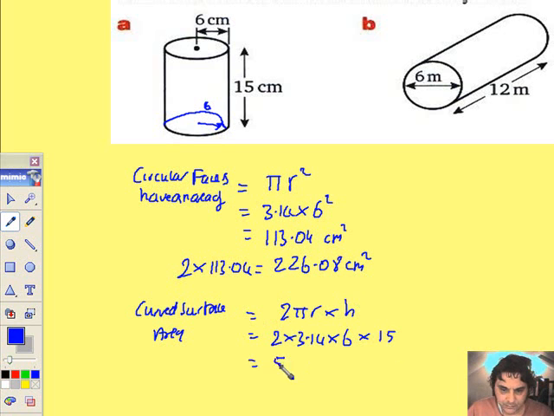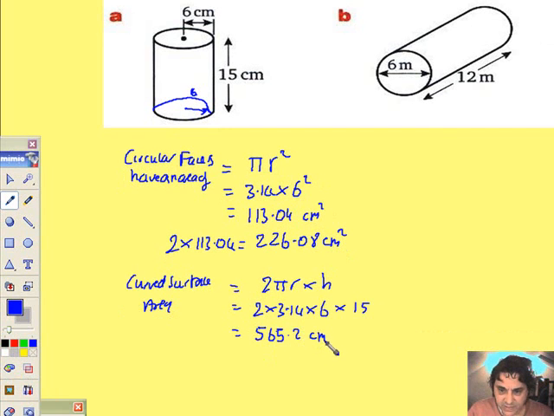That gives me 565.2 centimeters squared. So that's the curved surface, and those two are the areas of the circular faces.